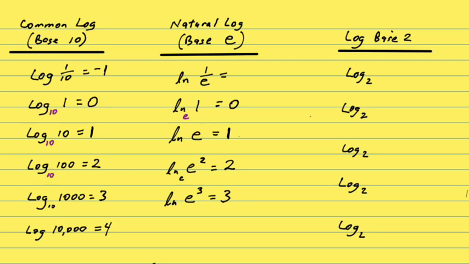E to what power is 1 over e? -1. Now, a lot of people in upper level mathematics just learn tricks. Natural log and e eliminate each other, so this would be 4, right? Because e to what power is e to the fourth would be 4.